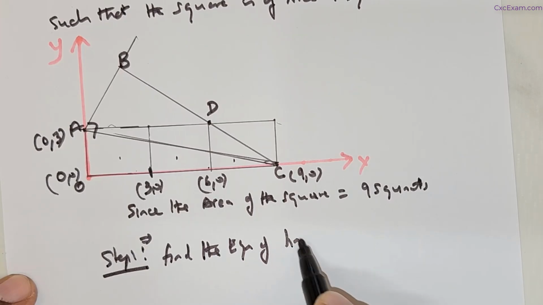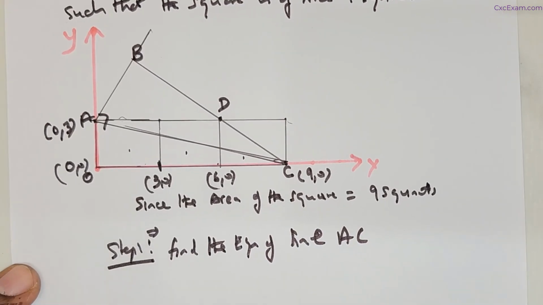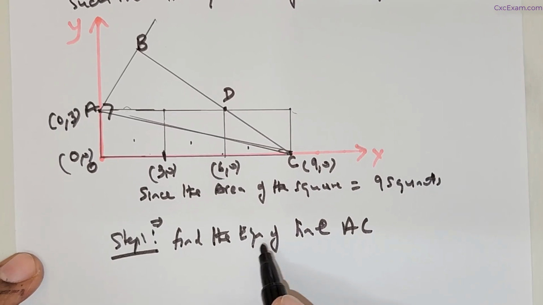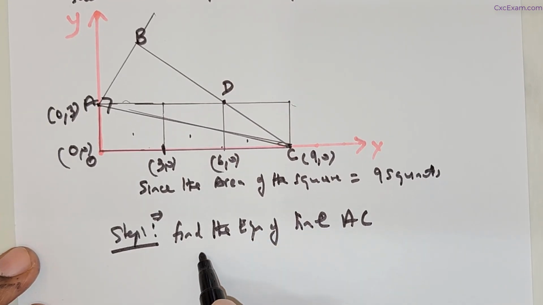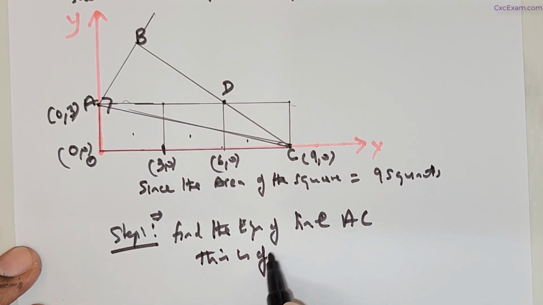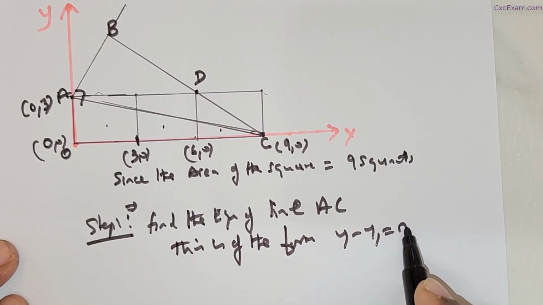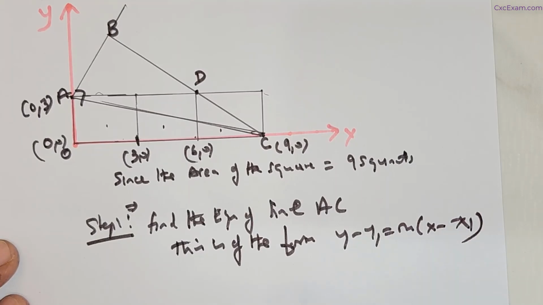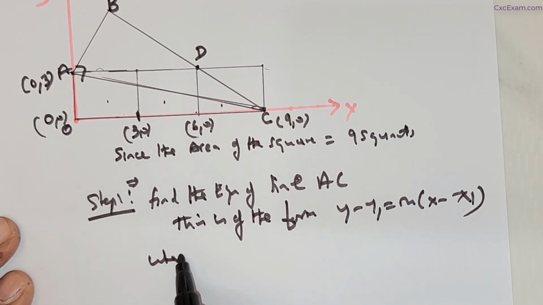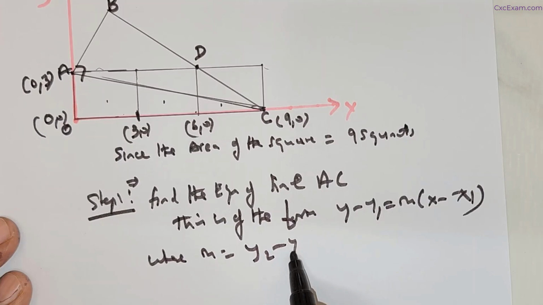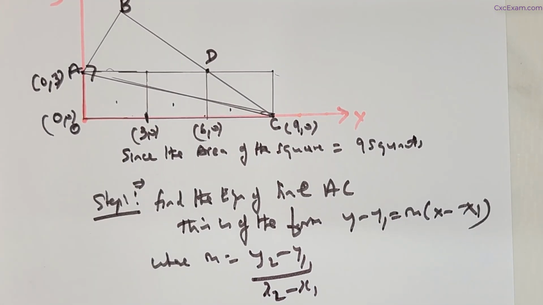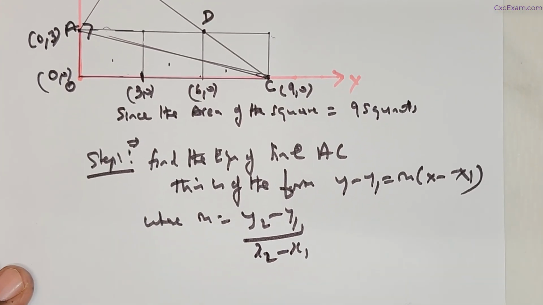equation of line AC. This is my requirement. Now this is of the form y minus y1 is equal to m times x minus x1, where m is equal to y2 minus y1 over x2 minus x1. This is the slope formula.